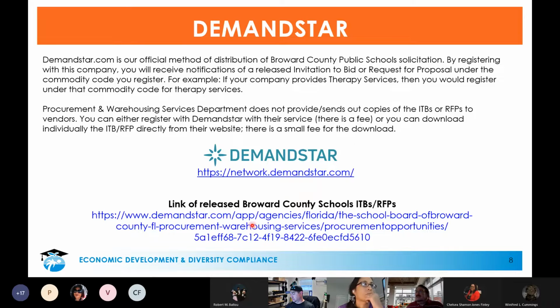And the link down here, again, is the link that we provide so that you can see all of the ITBs and RFPs that have been released by Broward County Schools. So you'll want to go to this site, and it shows you what is being released from Broward County Public Schools and the due date that is required for that.